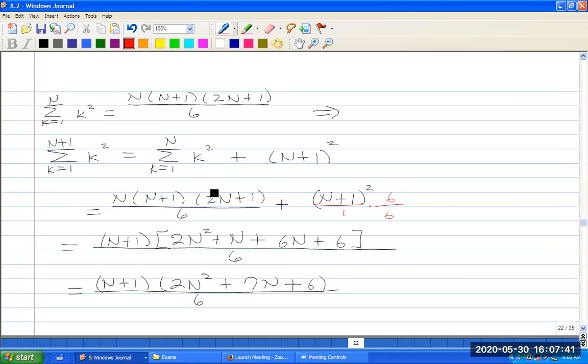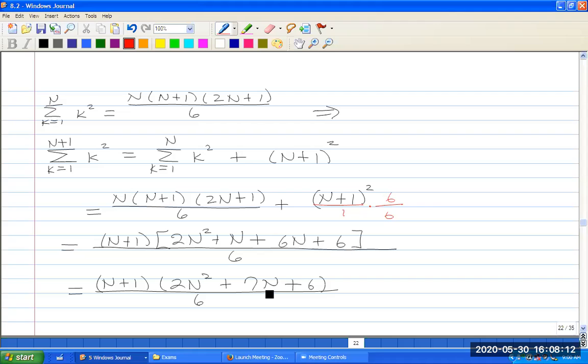So let me factor that out. Then I have an n times 2n plus 1. Let's multiply the n inside the parentheses. So I get n times 2n is 2n squared. N times 1 is just n. Factoring out the n plus 1, I just have 6 times n plus 1. So let's multiply the 6 inside the parentheses. So we get a 6n plus 6. Combining like terms, n plus 6n is 7n.